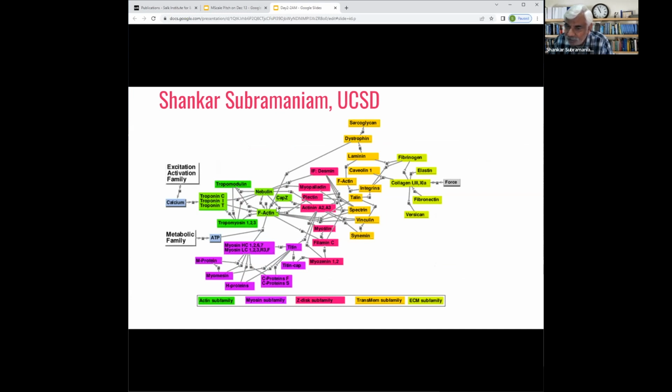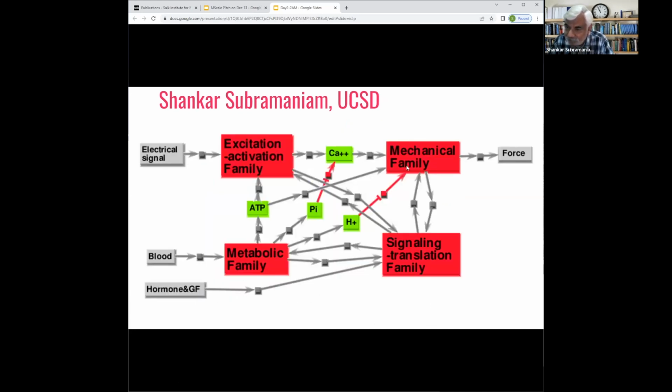This is the outside of the cell. This is what happens in the calcium signaling. From here on, we are going outwards towards the actin-myosin subfamily, the Z-disc subfamily, which I showed you. And then we go into transmembranes, which is between the cell and outside, and the ECM, which is the extracellular matrix. So this is what happens in the mechanical signal transduction family.